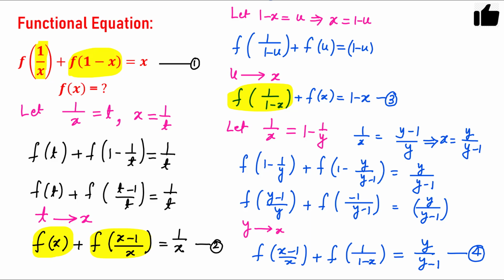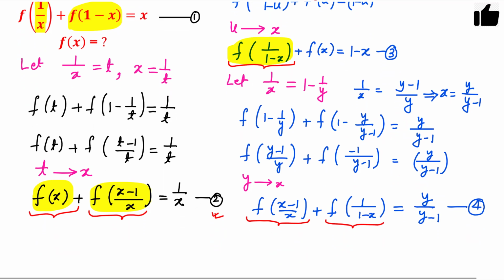Now see the miracle. You will see this term. Now I can find f of x minus 1 by x from equation 2. So you have this term in equation 2, and you can write this in terms of fx. And this term you have in equation 3, and this will also give you a result in terms of fx only. So if you substitute equation 3 and equation 2 in equation 4, you will have an equation only in terms of fx.